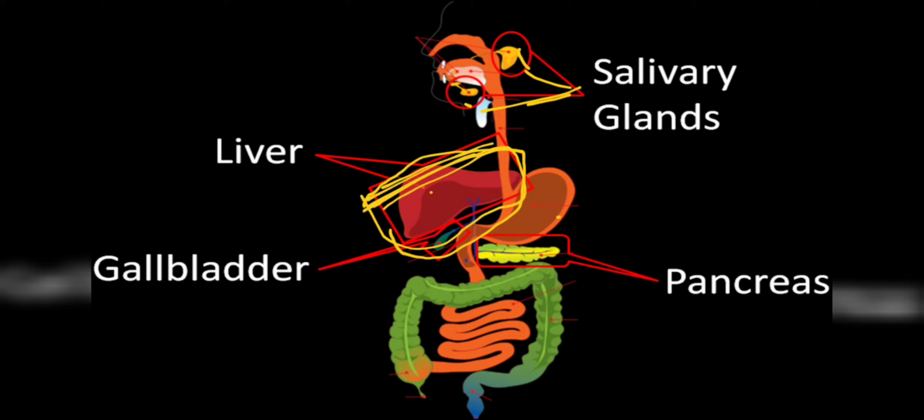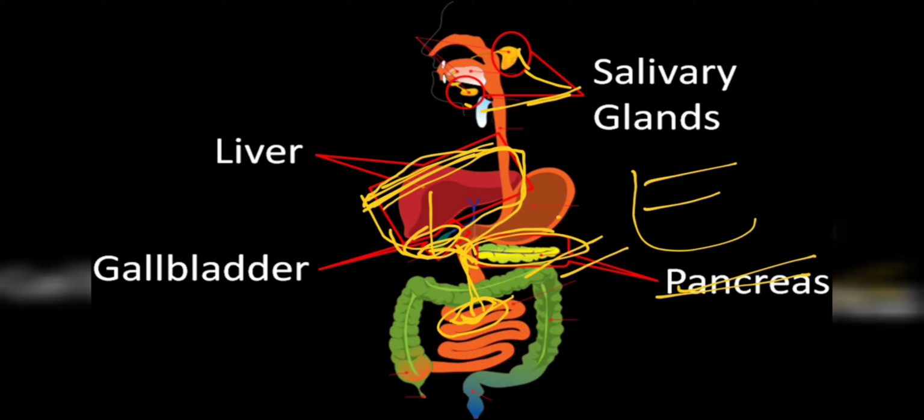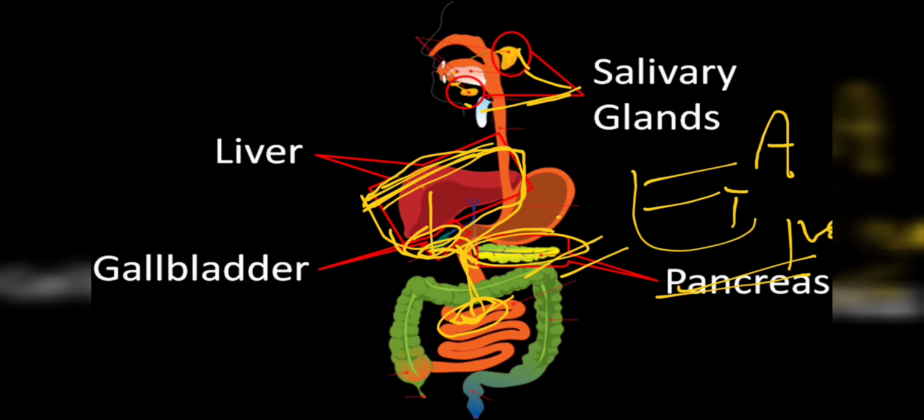This bile is stored in the gallbladder for some time, and then it is released into the small intestine, where it helps digest the food. Another gland is the pancreas, which also secretes enzymes, which have different functions and help in the digestion process.